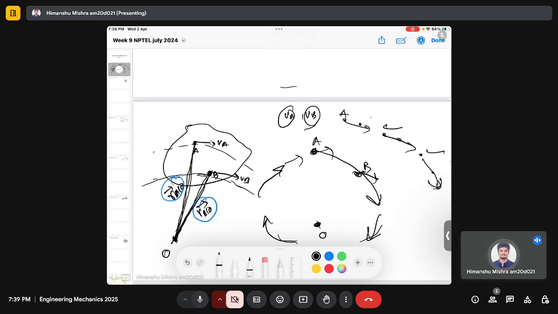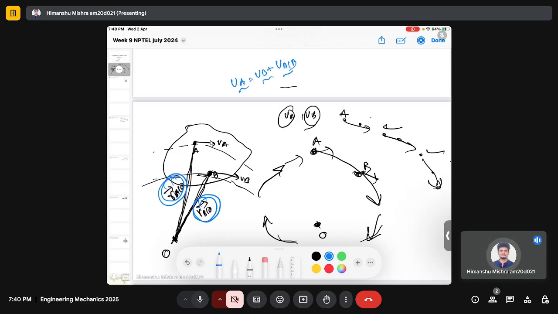So when we visualize the motion of points A and B as pure rotational motion about point O, we can use the method of instantaneous center, because then we can identify the position vector, and then we can use the similar relation that we have used from the previous class to find the velocity at point A or at point B.